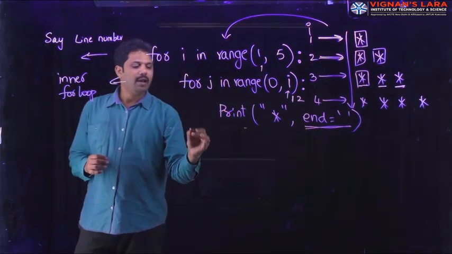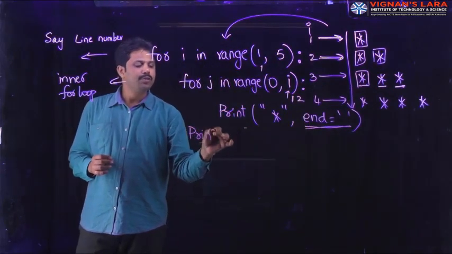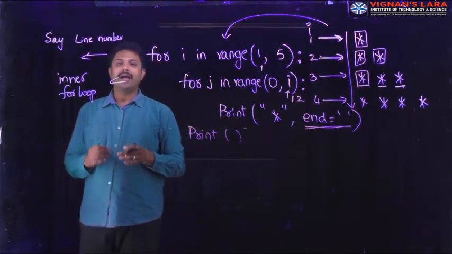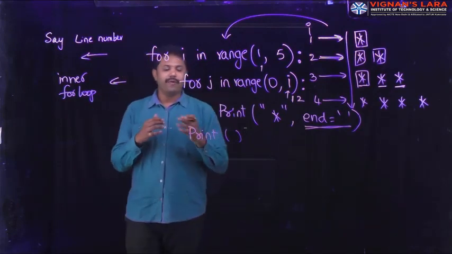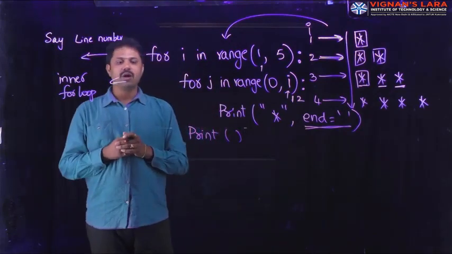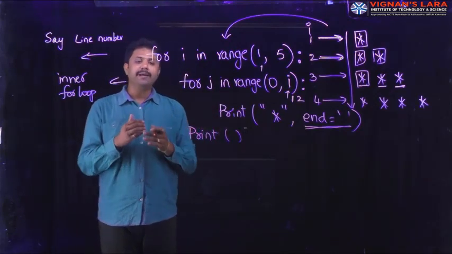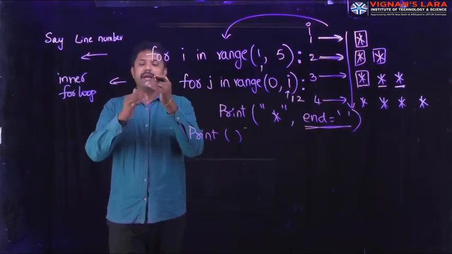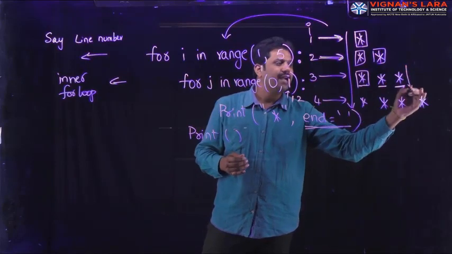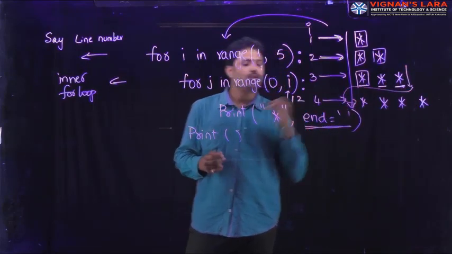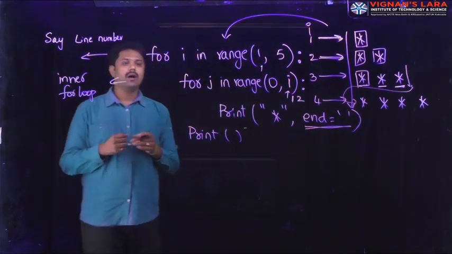After that, I am going to use an empty print statement. When this statement executes, after completion of this task, it simply brings your output to the next line. This is the complete task.